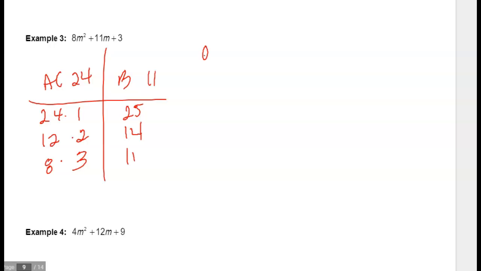So I have 8m squared. Again, I like the fact that I could do this in either order. So normally I would do it like this.